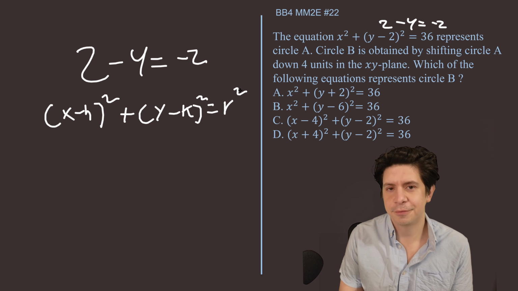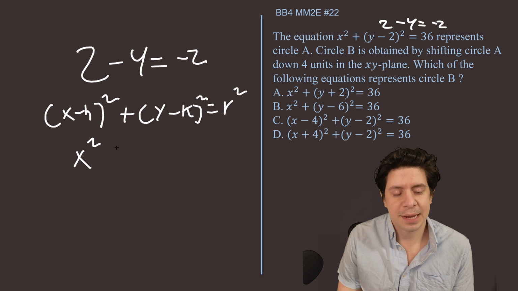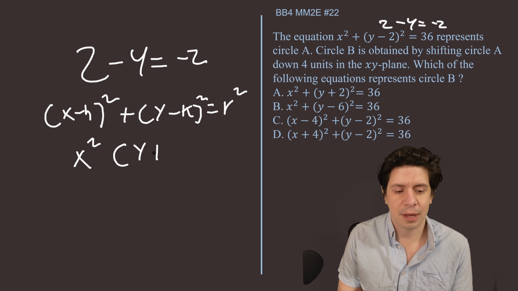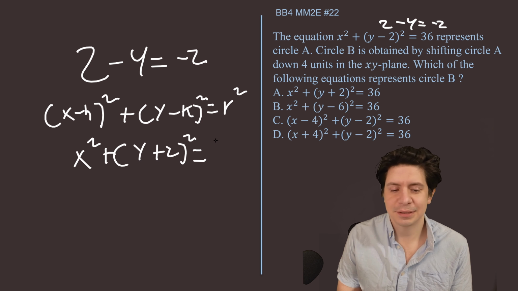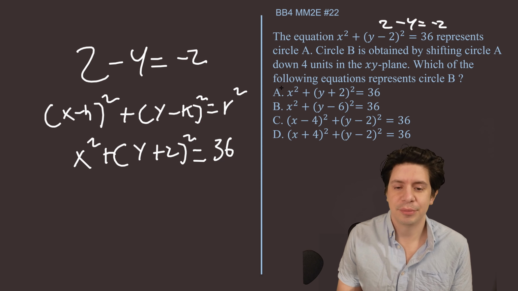That's the standard form of a circle. So now it's still going to be x squared, but now instead of minus 2, it's going to become y minus negative 2. So it'll be (y plus 2) squared equals, the radius hasn't changed, it's still 36. A radius of 6, that would be, so it's going to be A.